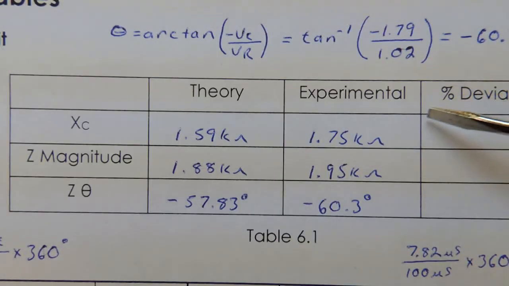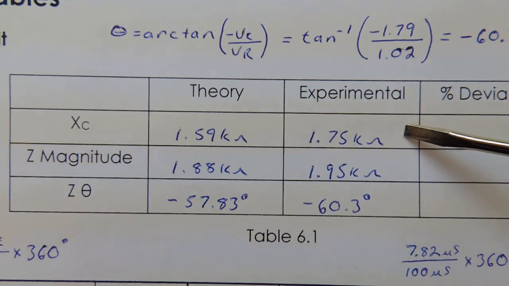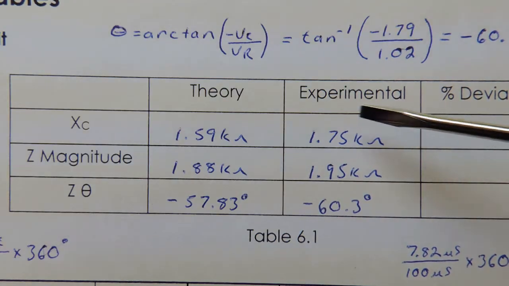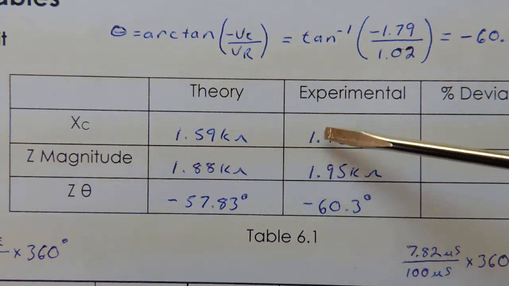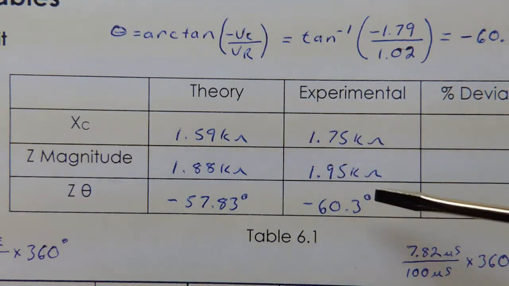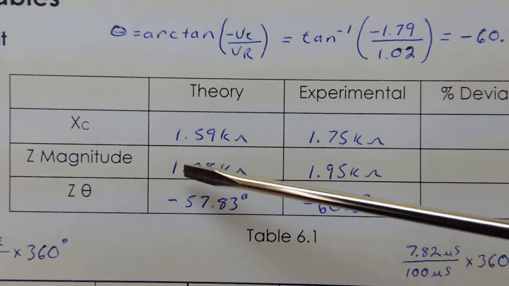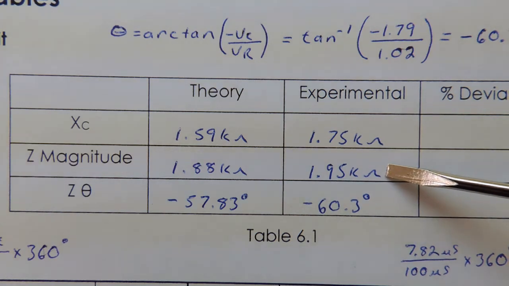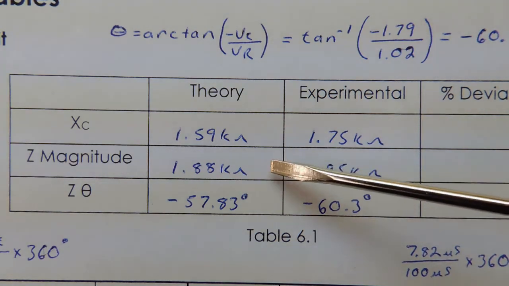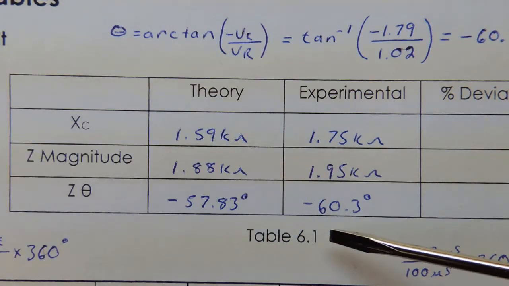So summing all this up in table 6.1, you can see XC was 1.75 K compared to my theory of 1.59, so that looks like it's about a 10% deviation. My Z magnitude, now remember this is the total impedance of my circuit. Mine worked out to 1.95 K, and in theory we had 1.88 K, so that looks pretty close.